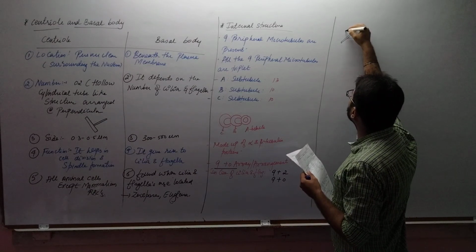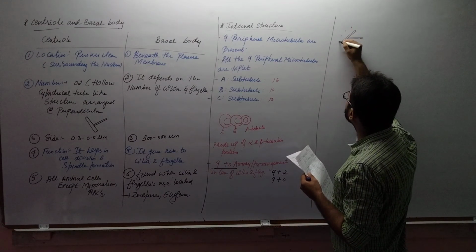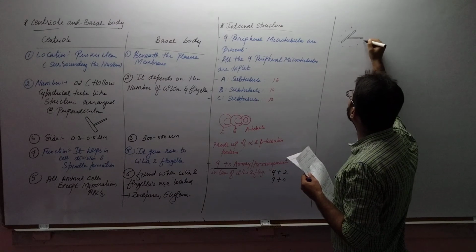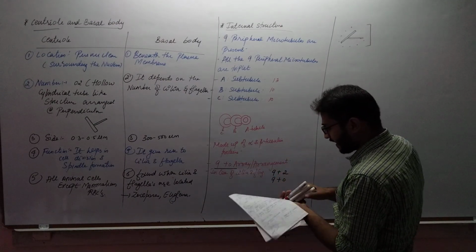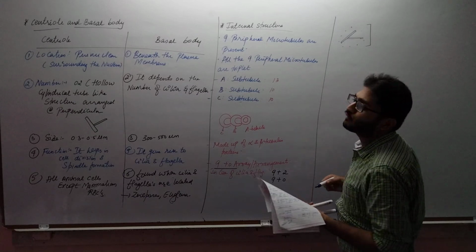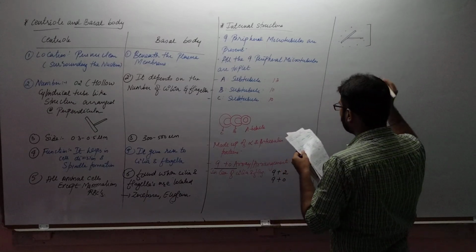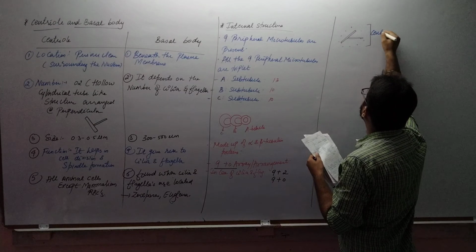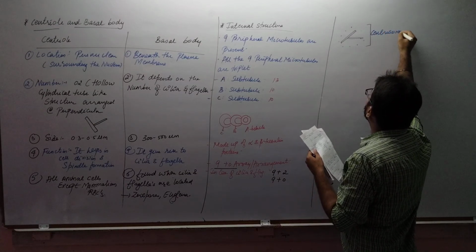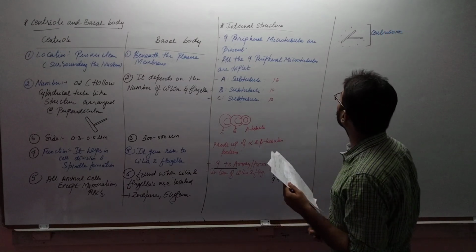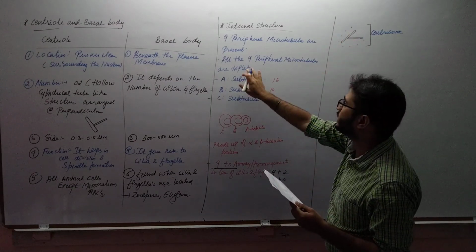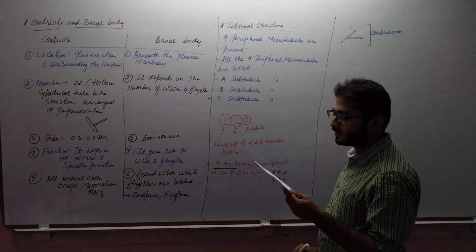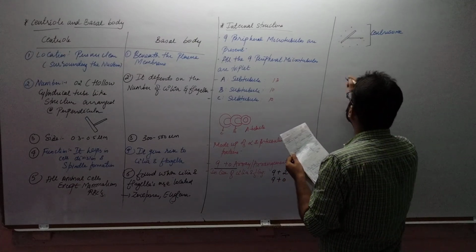Surrounding this there are 1, 2, 3, 4, 5, 6, 7, 8, 9 structures of protofilament, and this complex is what we call centrosome. So it is 2 cylindrical structures comprising the tubulin protein. How many microtubules? 9 peripheral microtubules.